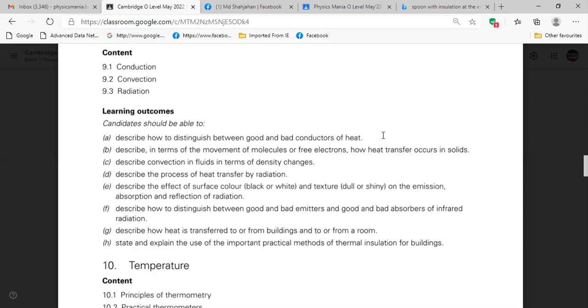The materials which allow heat or thermal energy to transfer easily are called good conductors of heat. And insulators or bad conductors are the opposite. That's it. We will make the notes first. We discuss all these learning outcomes, then we will go for writing the notes together.